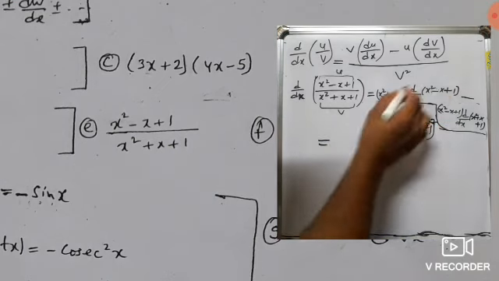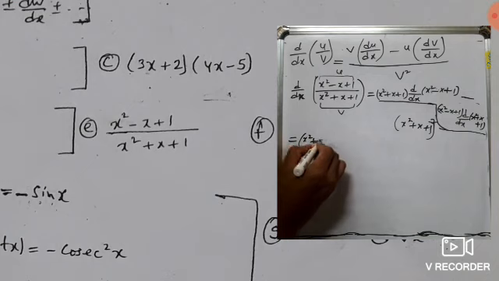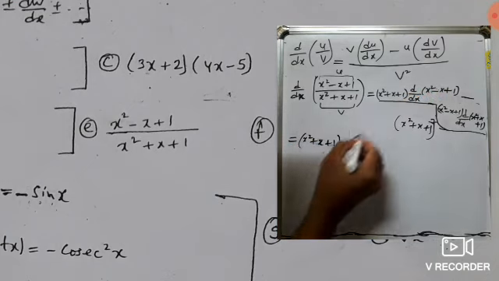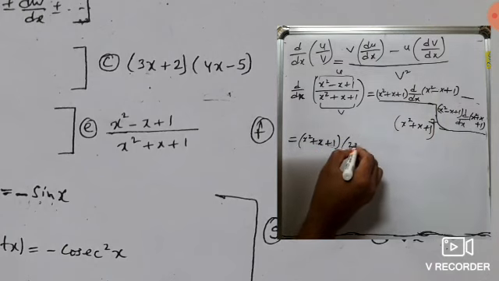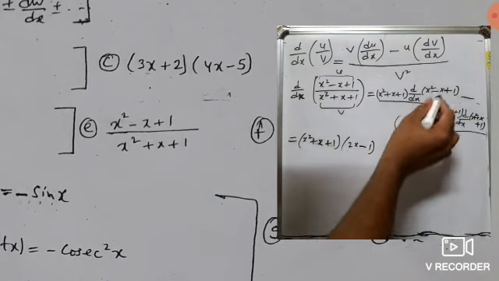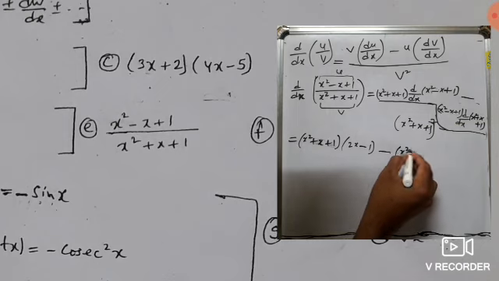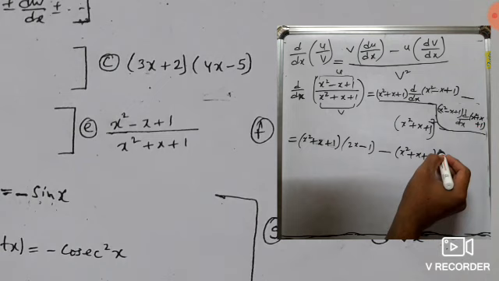Now we have to solve this. How to solve this? We will write the first expression x square plus x plus 1, d/dx of this term. This term will be 2x minus 1, differentiation of x is 1, minus x square plus x plus 1, d/dx of x square.